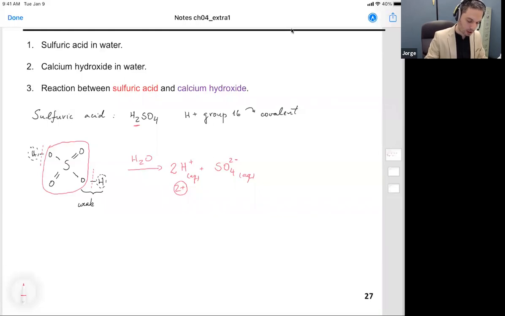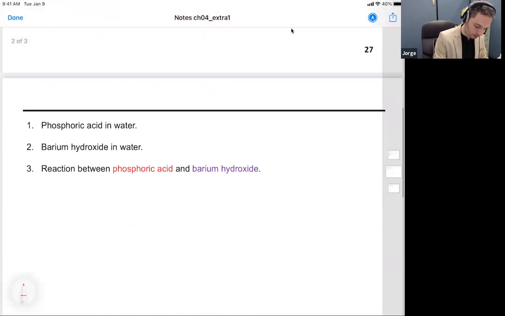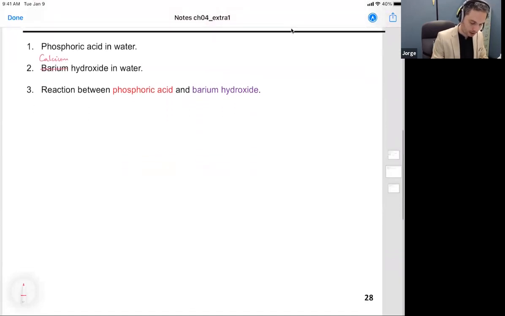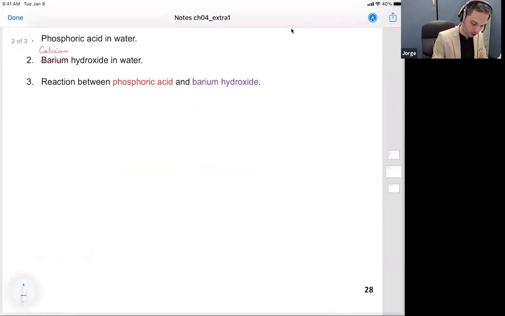Now let's do the same thing for calcium hydroxide. Let's dissolve calcium hydroxide in water. This is a base because you have hydroxide in the name.